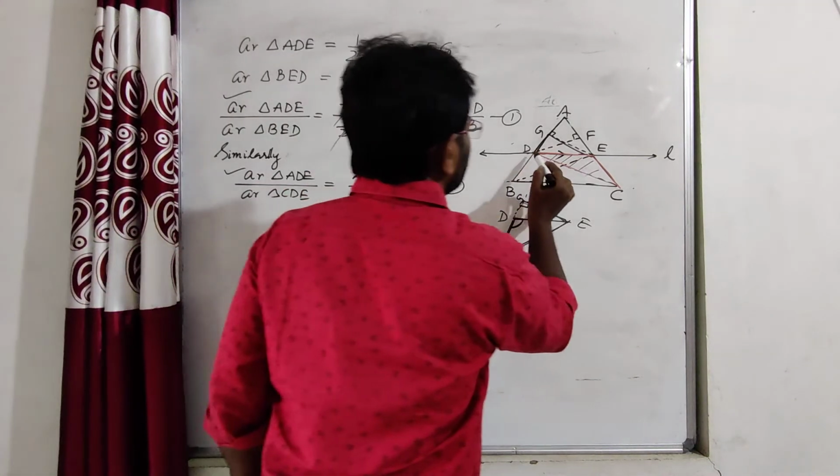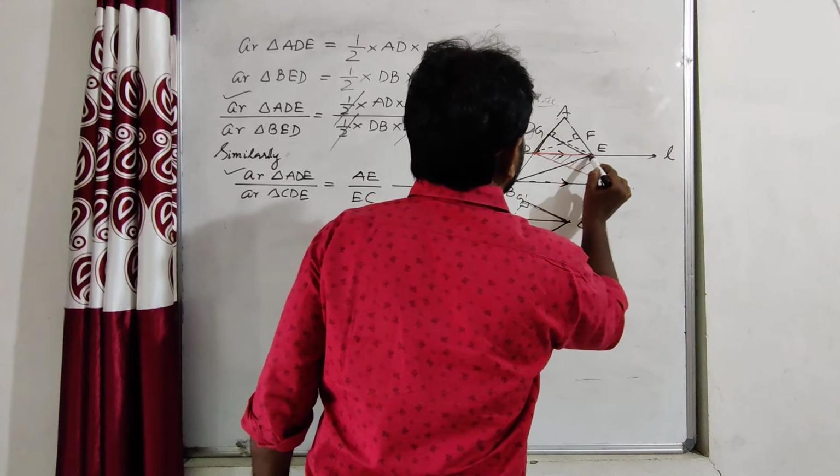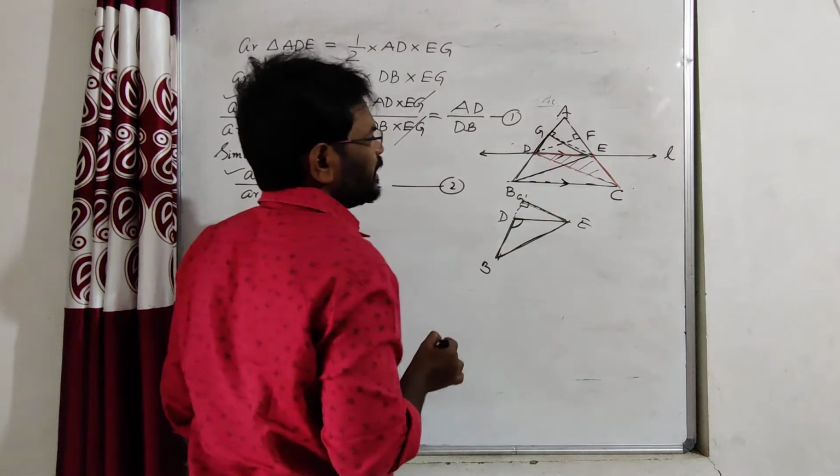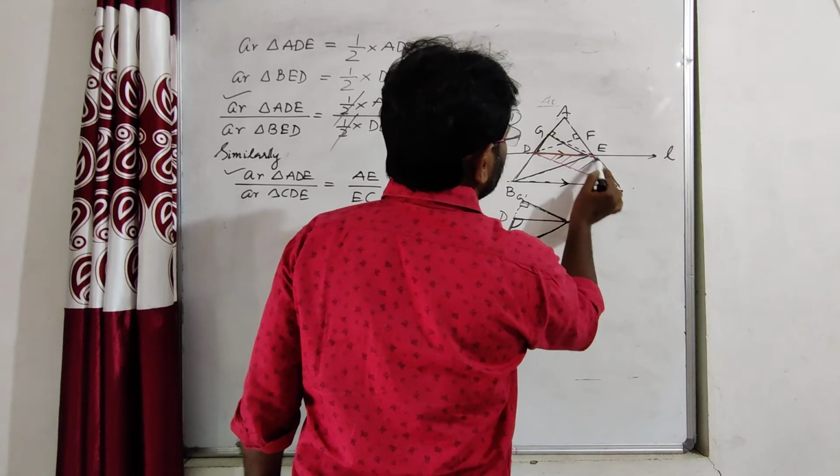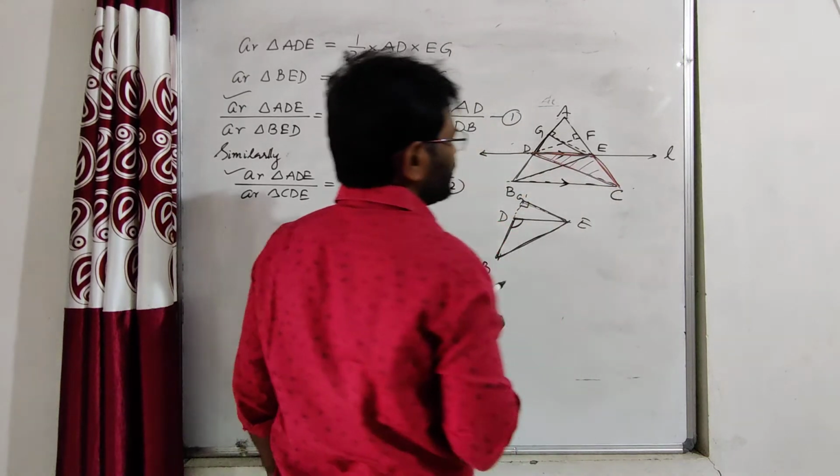Observe that BED is a triangle, and CED is a triangle.